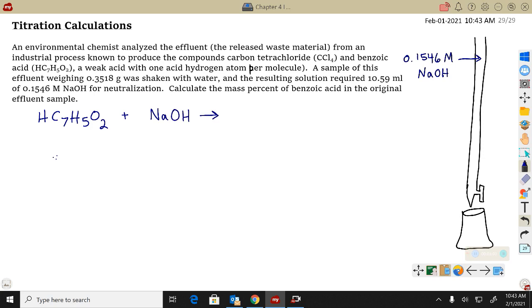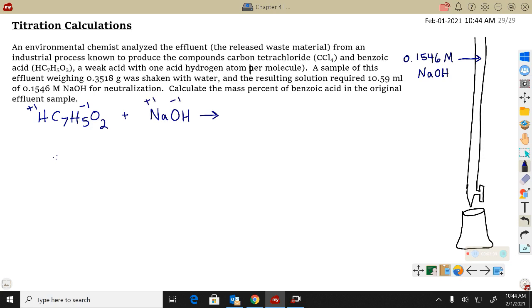For now, I see a double replacement where hydrogen is a +1 ion, and this big guy, C7H5O2, that's the -1 benzoate polyatomic ion. Acids usually contain hydrogen, so we could call this benzoic acid, or we could call it hydrogen benzoate. And then I've got sodium hydroxide, +1, -1.